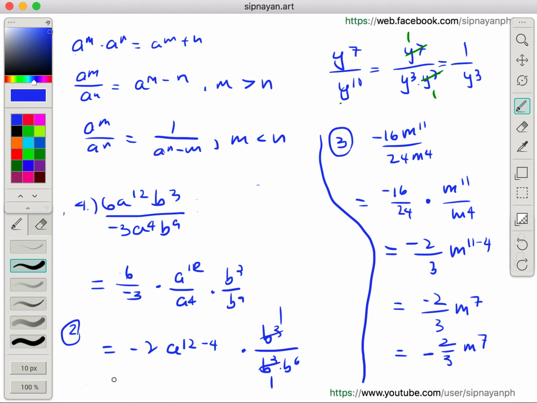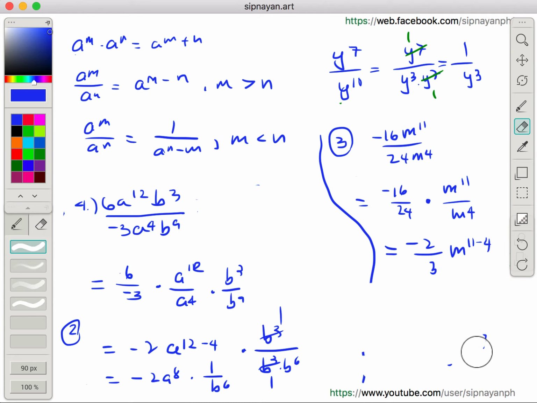This becomes negative 2a raised to the 8th times 1 over b to the 6th. No? Which is equal to, syempre, pag full number siya or hindi naman siya fraction, pwede tayong maglagay ng over 1.